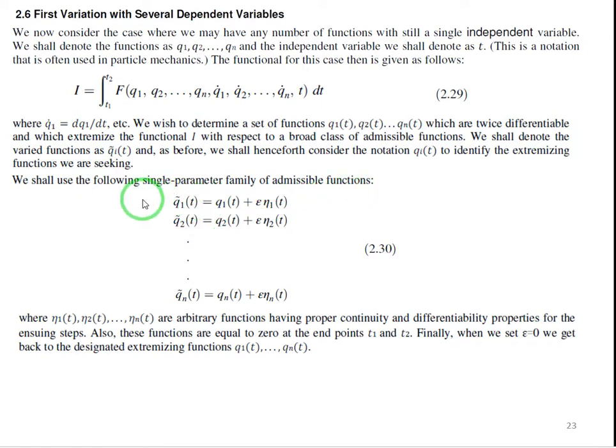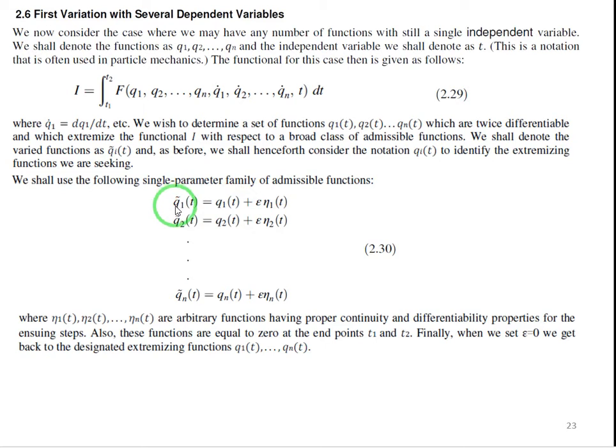Let's say that q1 to qn are the solution to the functional problem, or in other words, let's assume that q1 to qn are extremizing our functional I. And now we are going to use the following single parameter family of admissible functions.